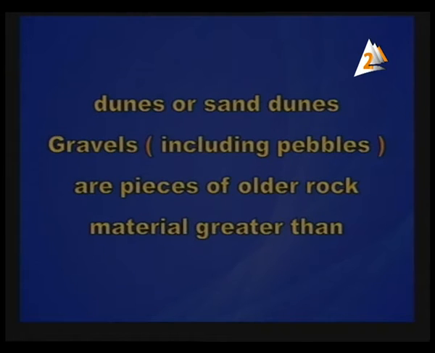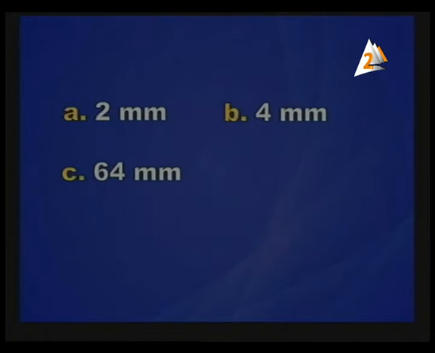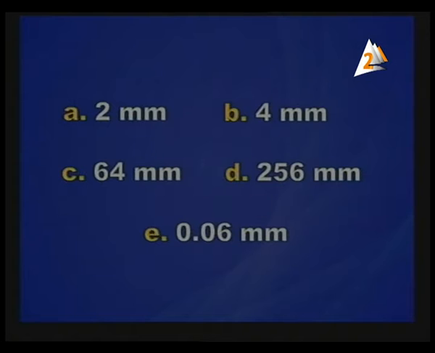Gravels, including pebbles, are pieces of older rocks, material whose grain is greater than 2 millimeters, 4 millimeters, 64 millimeters, 256 millimeters, or 0.06 millimeters. Gravels, we know its classes or its component fragments.